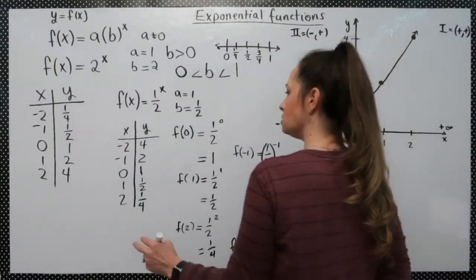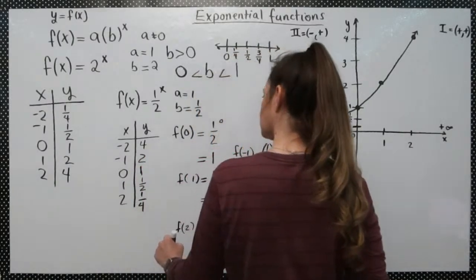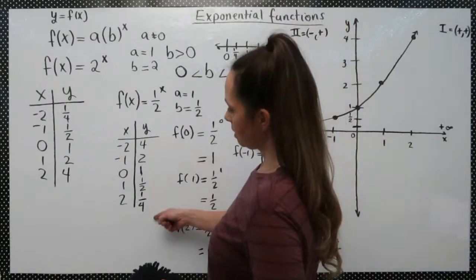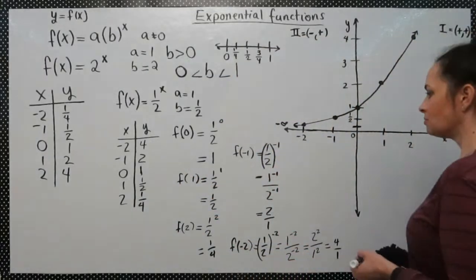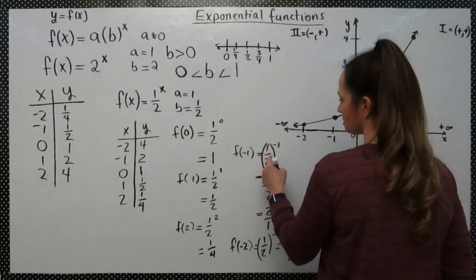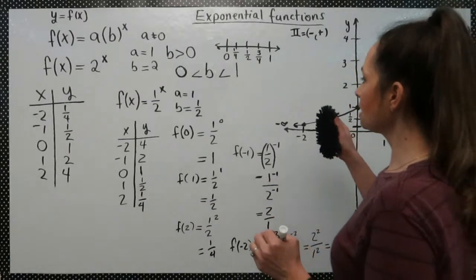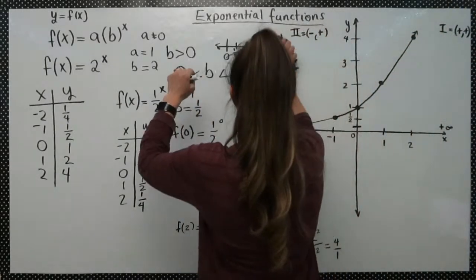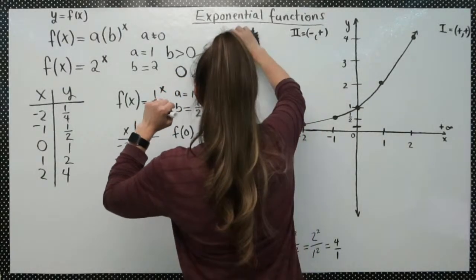And do you notice that these two tables are almost exactly the same, only the ranges are flipped? And this is what this base does. So what happens is, if b is greater than 1, you have an increasing function, and these are the growth models.